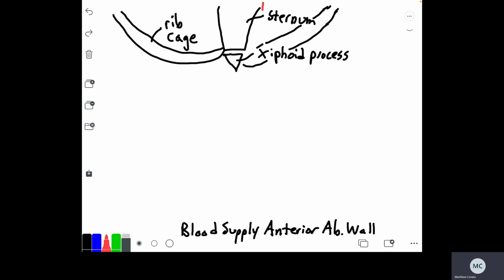So the internal thoracic artery is going to come down. Okay, so this is going to be my internal thoracic artery. Once the internal thoracic artery gets inferior to the rib cage, it's going to split off into 2 different branches.